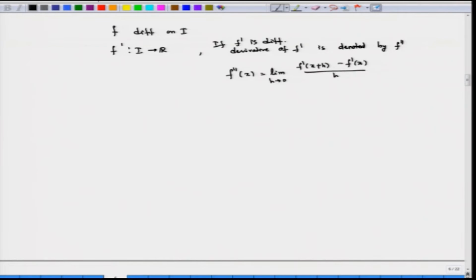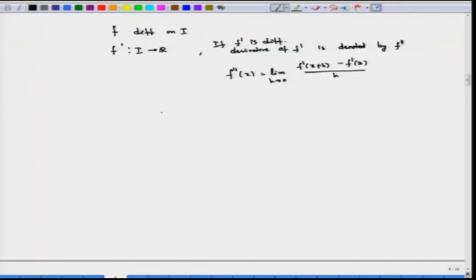So, now f prime is again a function. If f double prime is also differentiable, then we can talk of the derivative of f double prime. We will denote it by f triple prime, and so on and so forth. Sometimes you will find various symbols. For example, in Leibniz notation, if y equals f of x, then you have y prime, or this is dy by dx.